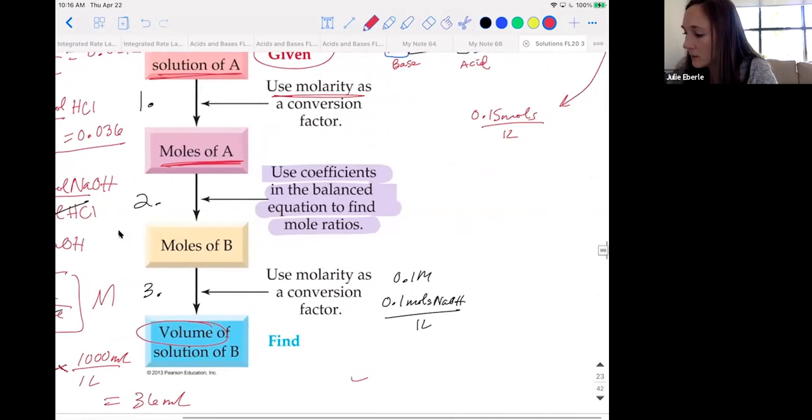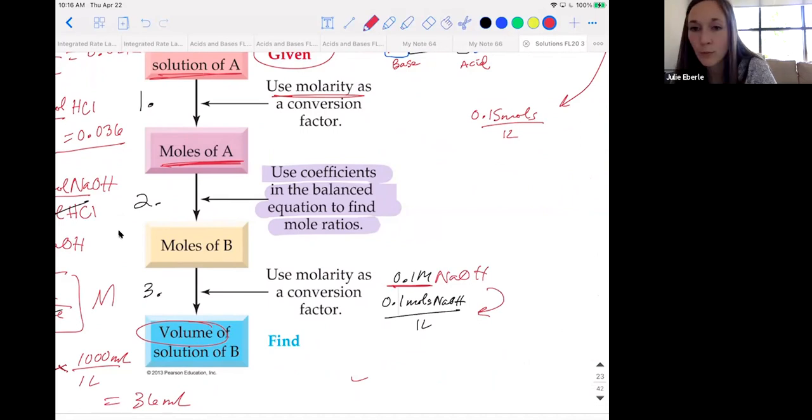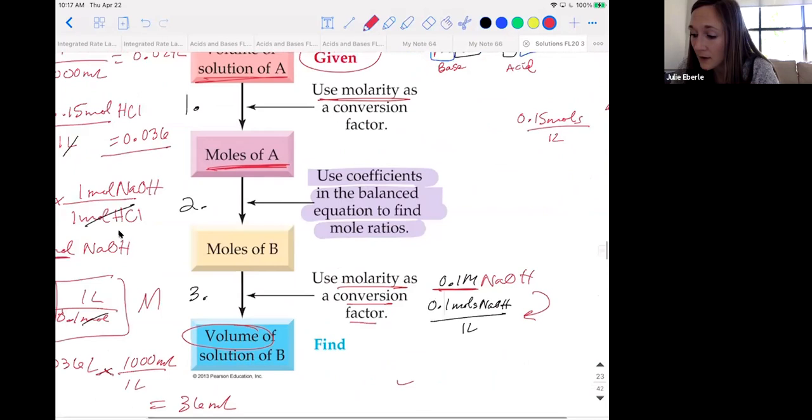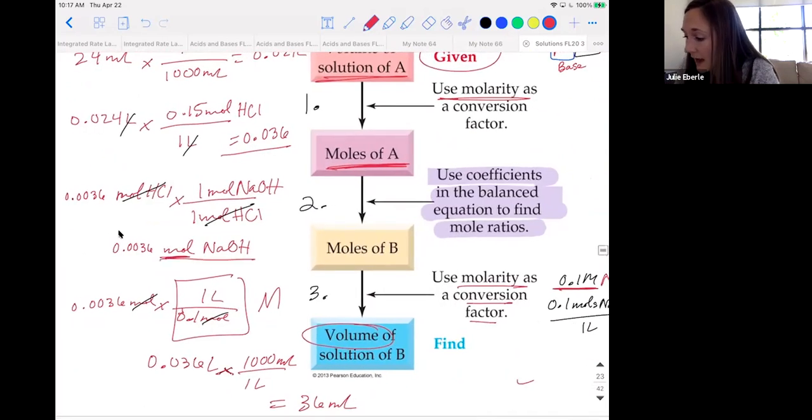So we said, okay, the problem tells us we have 0.1 molar NaOH, and I just rewrote it with units of mole per liter because I realized what I need to do is I'm using molarity as a conversion factor. So I'm trying to cancel one unit and convert to the other. So I'm either trying to cancel moles and convert to liters, or I'm trying to cancel liters and convert to moles. Here, I'm given moles of NaOH, and I'm asked to find the volume. All right, if I'm reading my Mastering Chemistry problem, it says how many milliliters, which I know is a volume.